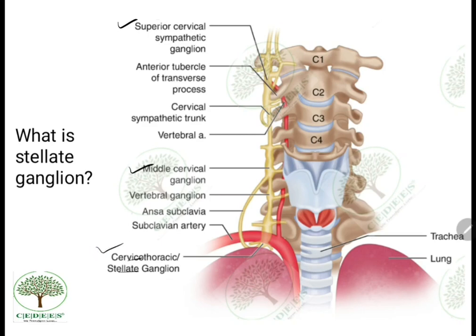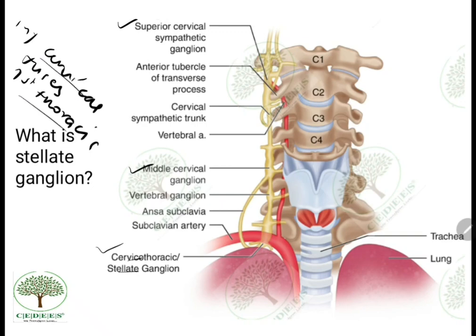Now this inferior cervical ganglion, in 80% of the patients, is going to fuse with the first thoracic ganglion, which is present below it. So the inferior cervical and the first thoracic ganglion will fuse together.